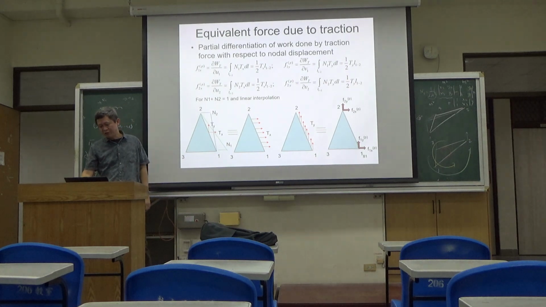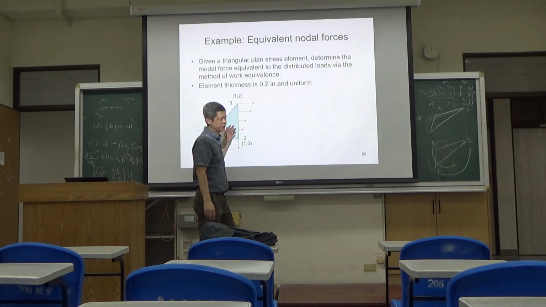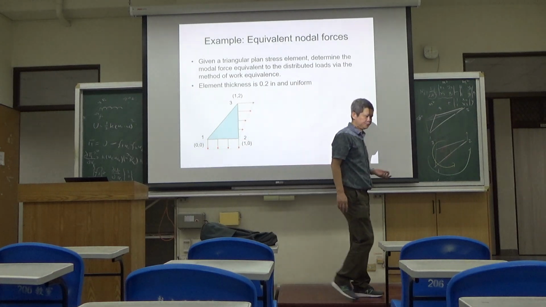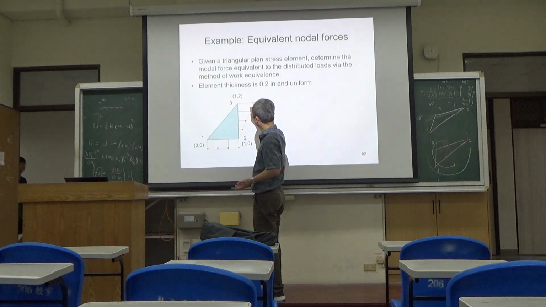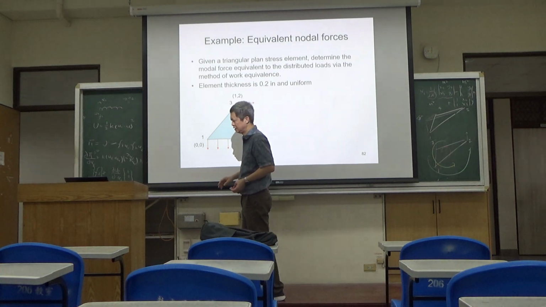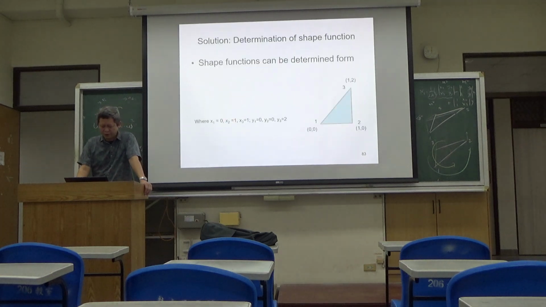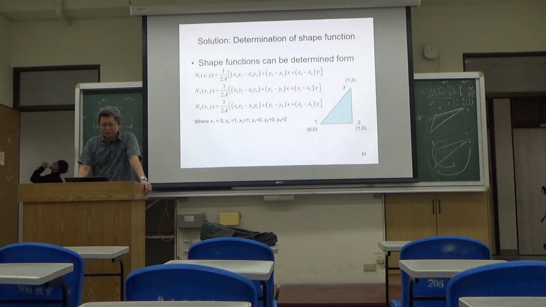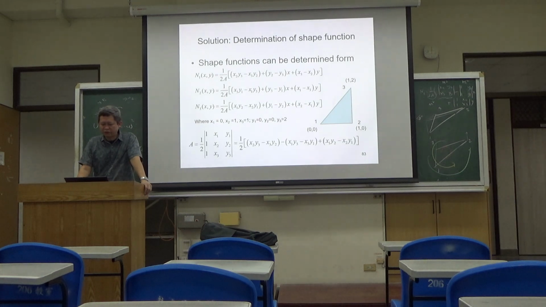Complication comes here if the traction force is not a constant. The traction force on the bottom side is constant, but on the vertical side is not constant. How will we be able to find the nodal force? Then we need to use the same shape function to interpolate the force.